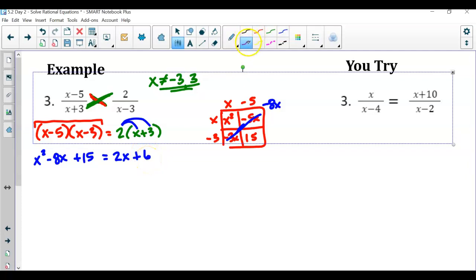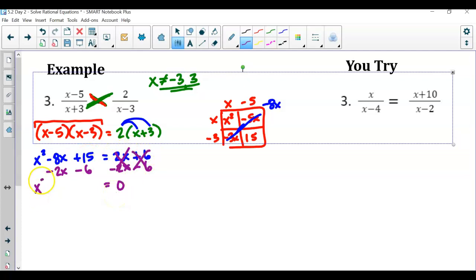Again, notice how we are solving a quadratic, and quadratics have to equal 0. So I'm going to subtract 2x from both sides. Notice how I'm just lining up my like terms here. I'm going to also go ahead and subtract 6. Again, line up the like terms here. So now both cancel out. There's my 0.